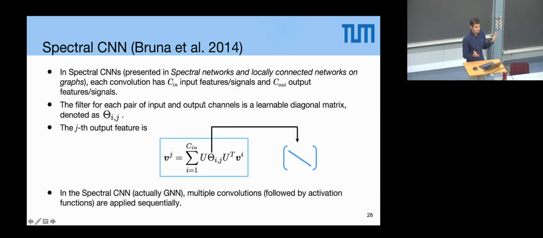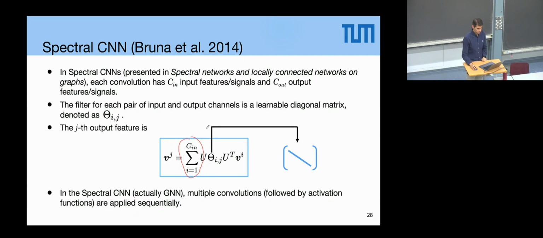They just directly use the definition that we had before, but since we can have multiple input features for each node, and we also may want multiple outputs, like when we work with CNNs, where with each layer we have a number of input channels and a number of output channels, they generalized that expression by adding this summation. So for each pair of input channel and output channel, we are applying that definition.